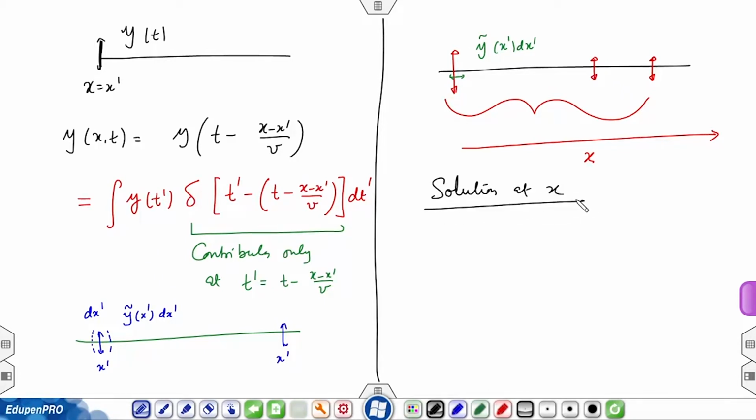Then the solution at x is going to be a superposition of displacements arriving from different places, and that is going to be y(x,t) equals, I am getting y tilde(x prime, t prime) delta(t prime minus (t minus x prime over v)) dx prime dt prime integral.